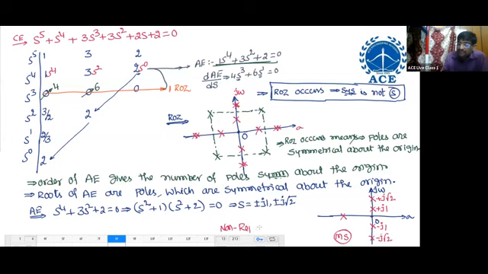Non-repeated poles on the j omega axis, so the system is marginally stable.